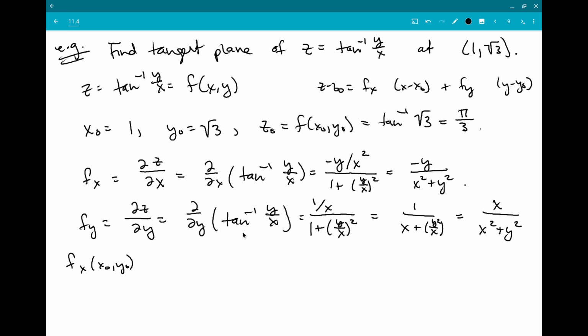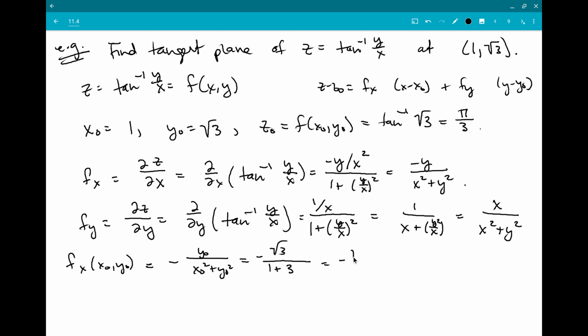So I want to plug in x0, y0 to my f sub x. So that should be minus y sub 0 over x sub 0 squared plus y sub 0 squared, right? Where it's just these values that I plug in. So I've got minus root 3 over 1 plus 3.